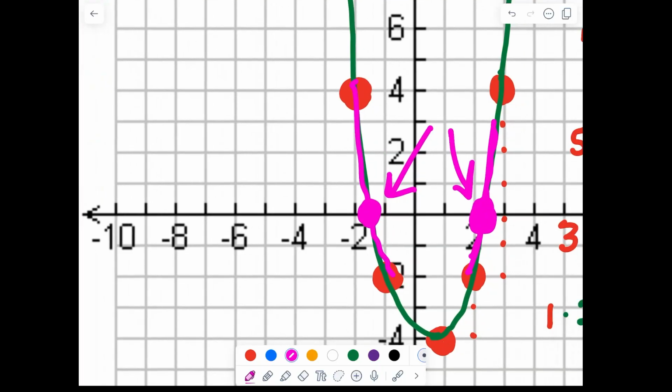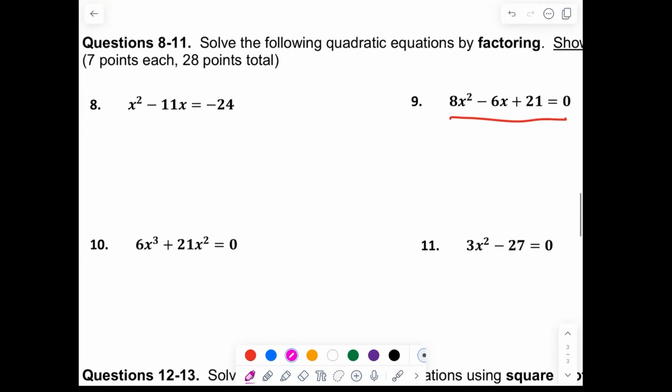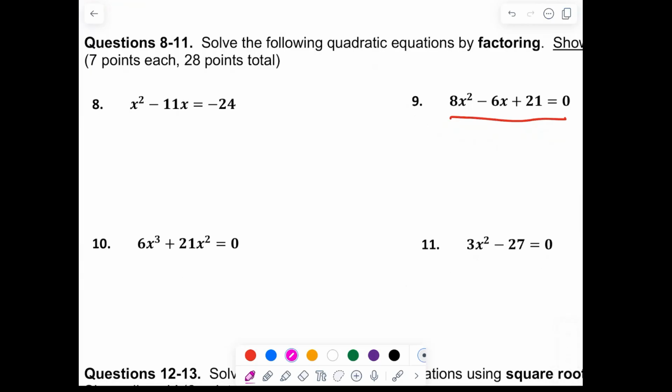So there's three things that can happen when I have a quadratic equation. This equation with only x in it, it has an x squared in it, has 0 on the other side of the equation, or I can move everything over to one side of the equation, with 0 on the other side. Three things that can happen. I can have no real solutions like this here, which means it will have two complex solutions, or I could have one real solution, like this right here, or I could have two real solutions, where it crosses over the x-axis twice.